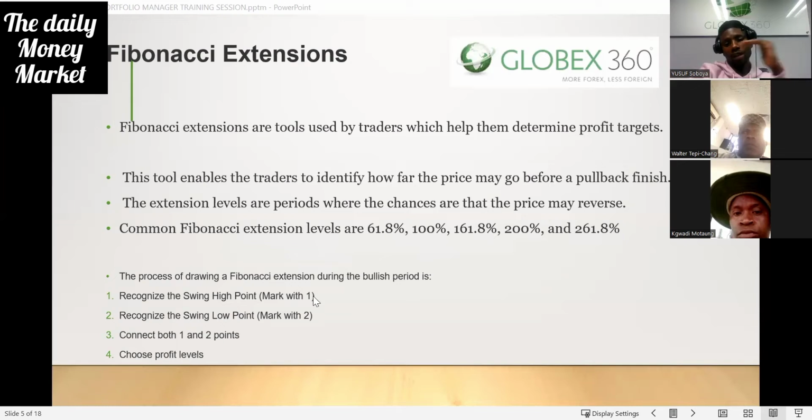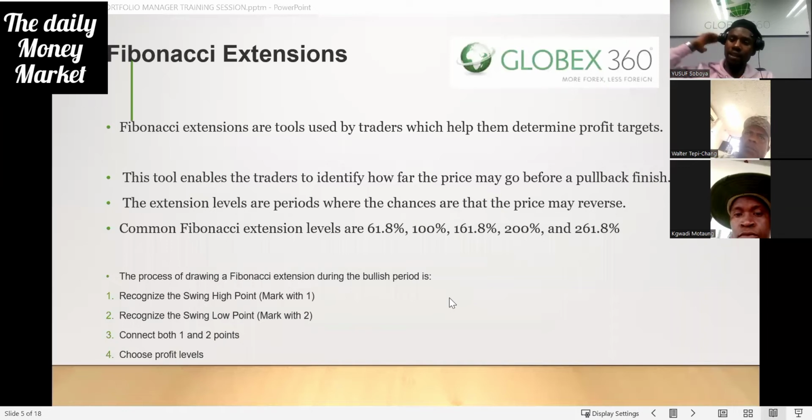So now, once we put that, we're going to see the highest level in a daily trade, or in a daily range, if I may put it like that. Second, you recognize the swing low point, mark number 2. You can only identify it by going to the bigger time frame.